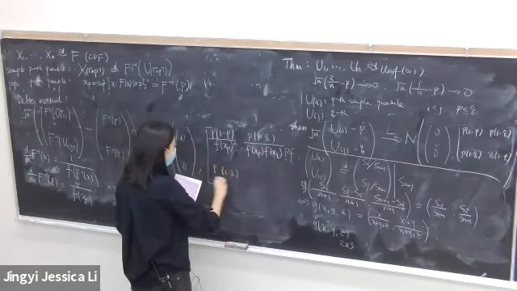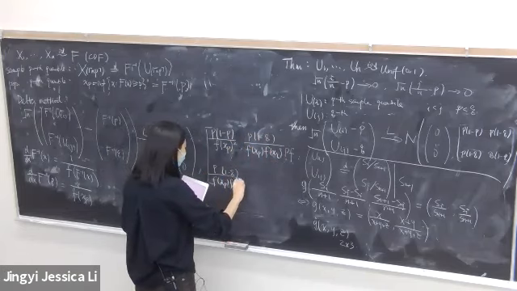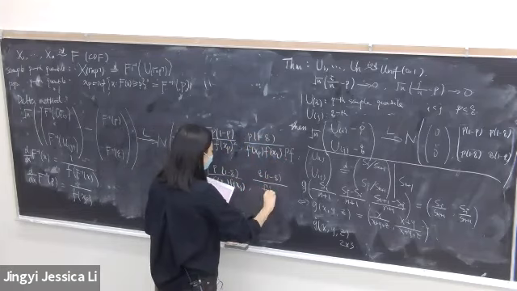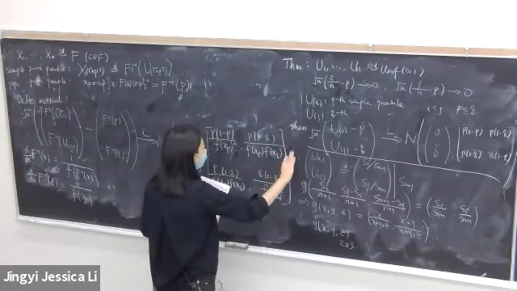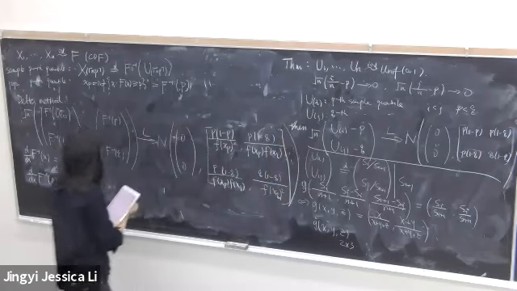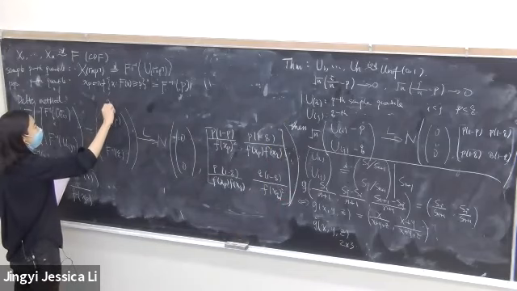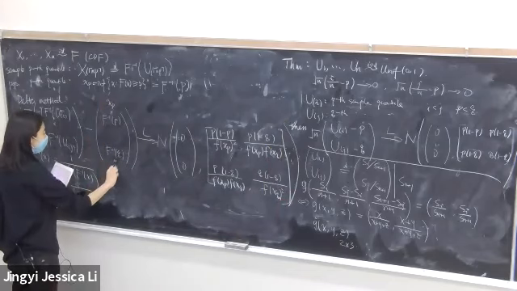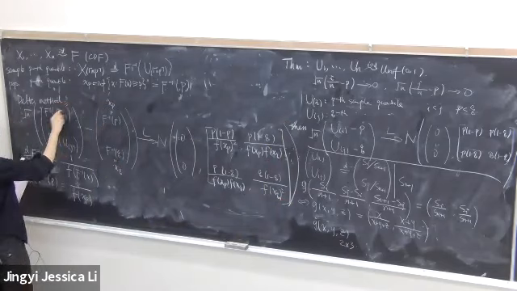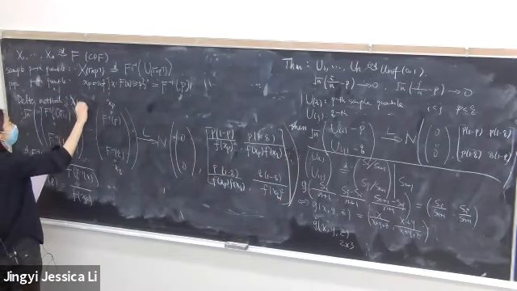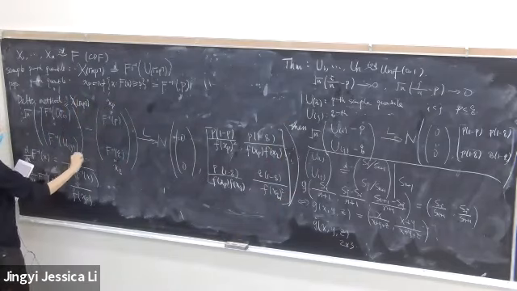Finally, q(1 minus q) over f(xq) squared. Also, just for your information, this is xp, this is xq, following the same distribution as the order statistics, the sample quantile.